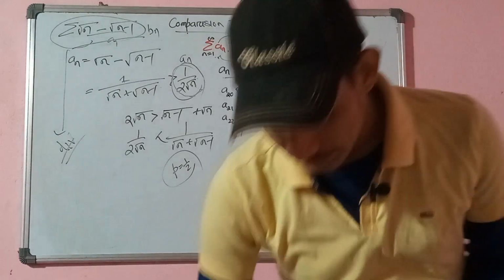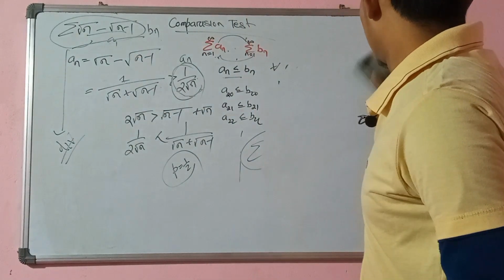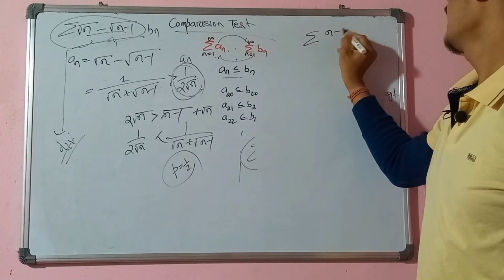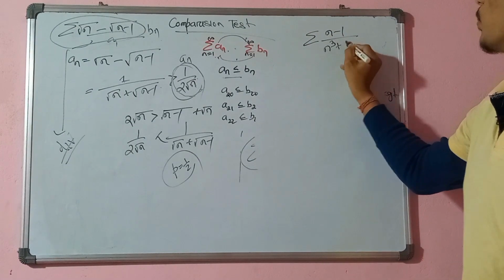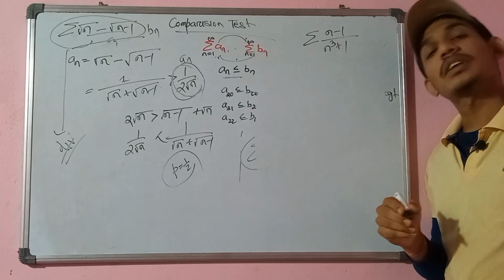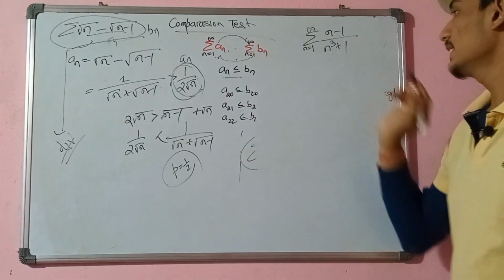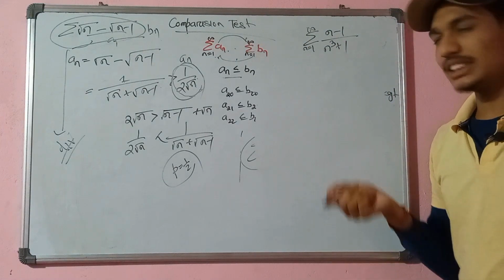Let's have another example. Suppose my series is n minus 1 divided by n cube plus 1, with n from 1 to infinity. See here, how will I choose bn? It's just basic.